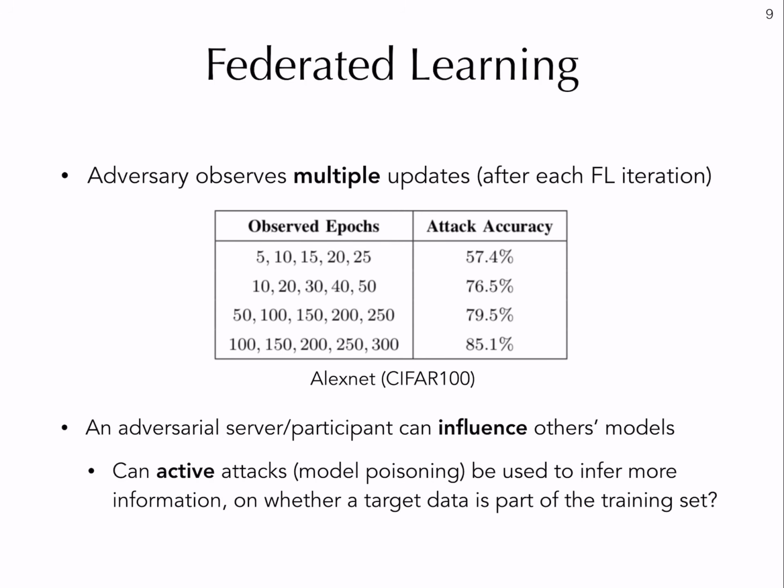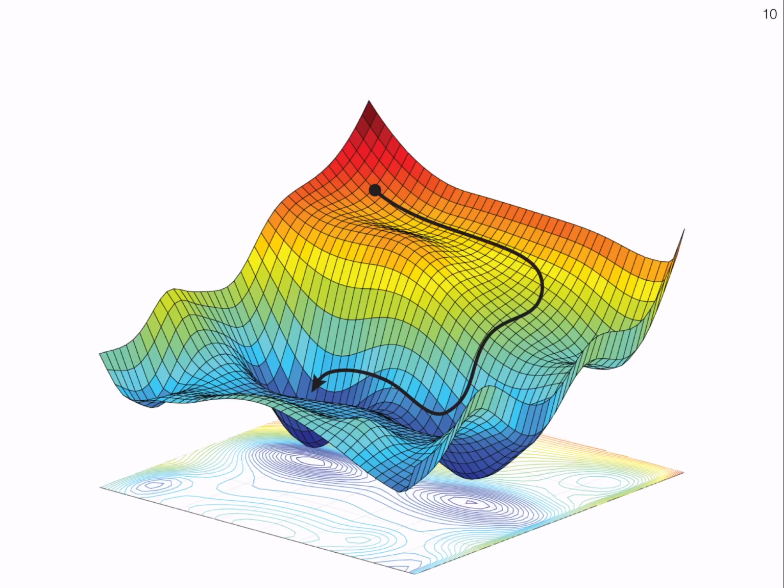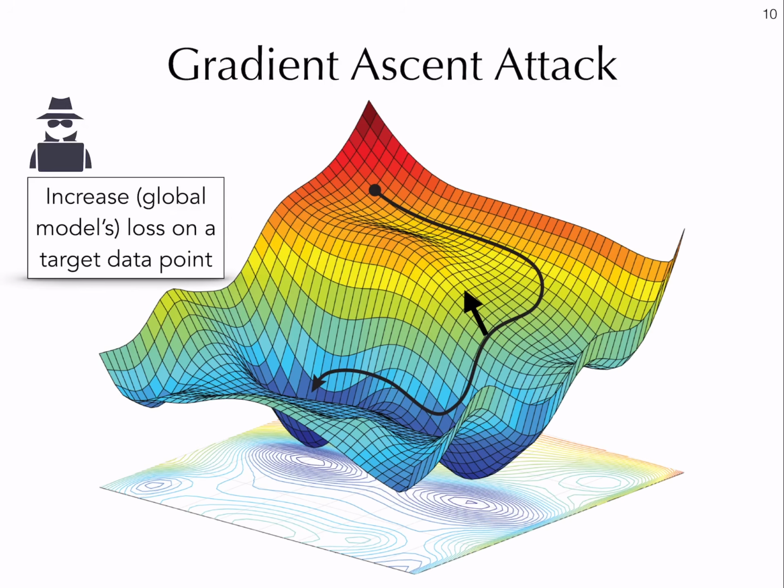Again, we go back to the training algorithms that the local participants are using. And in this very high dimensional space of parameters, if the attacker increases the loss on a target data point using gradient ascent, this change would remain undetected by any party, and during their local training they're not going to fix this unless they have that target data point in their training set.